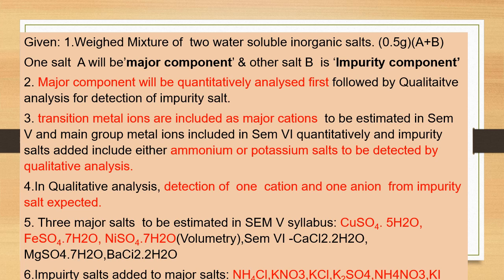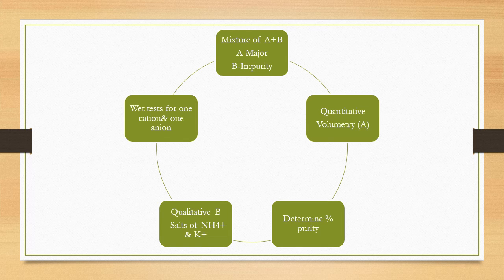Impurity salts added are ammonium chloride, potassium nitrate, potassium chloride, potassium sulfate, ammonium nitrate and KI. So from these given salts there will be mixing of salts, one major component and one impurity component.